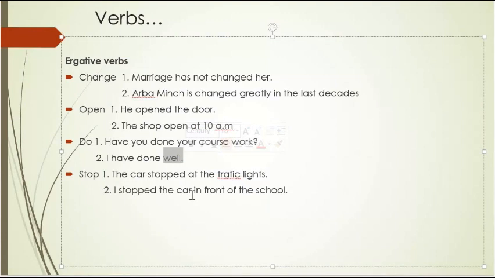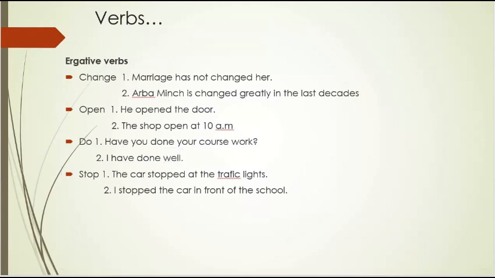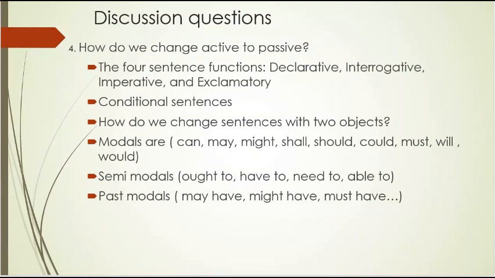So we have to identify whether the verb is transitive or not, we have to check whether the following word or phrase is acting as an object or not. Okay, in the next discussion we'll see how to change active to passive, the four-sentence function, conditional sentences, and how we change sentences with two objects.